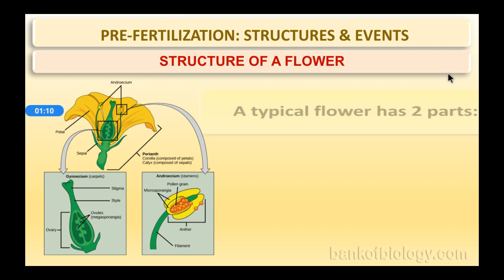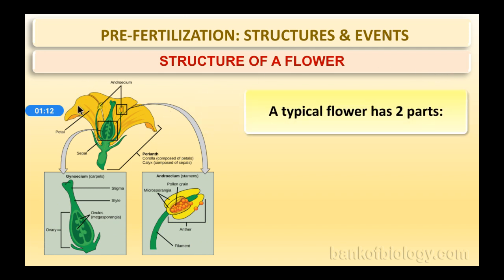In smaller classes you have already learned the structure of a flower. So we'll see the structure and what holds the flower. The stalk holds the flower. Above this stalk there will be a swollen portion, and that swollen portion is known as thalamus.